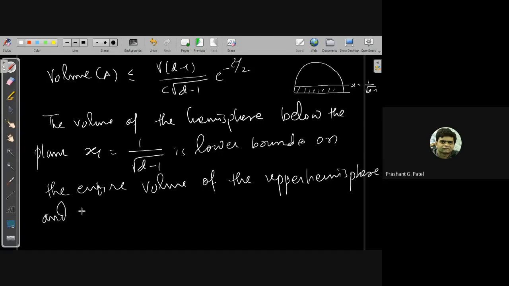And this volume is at least that of a cylinder.